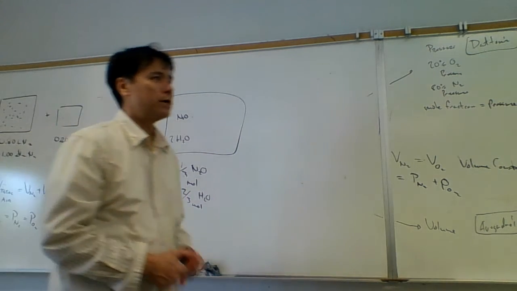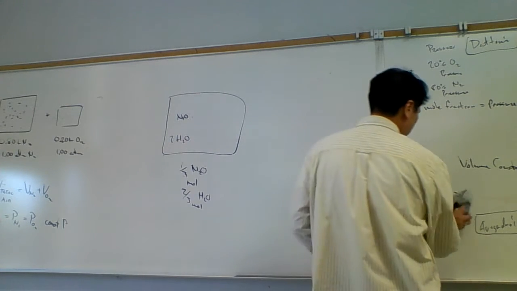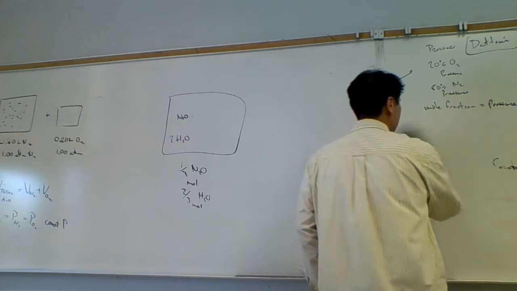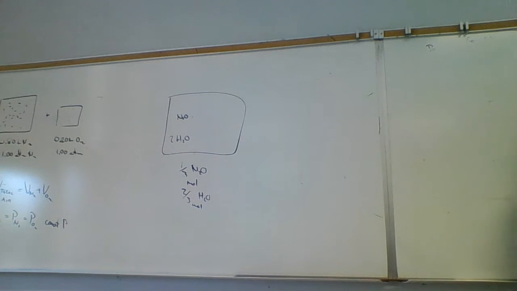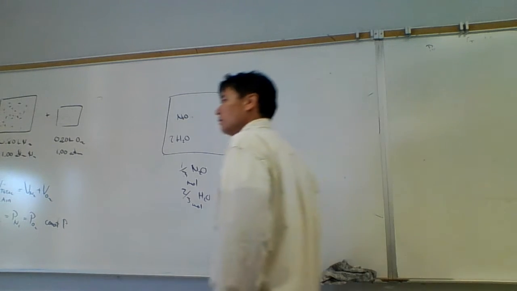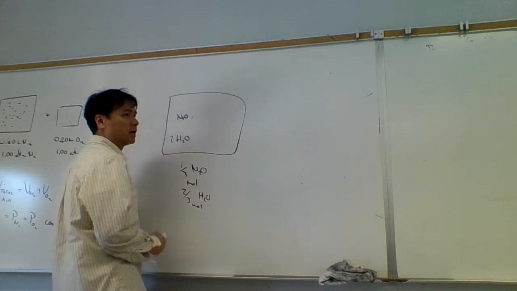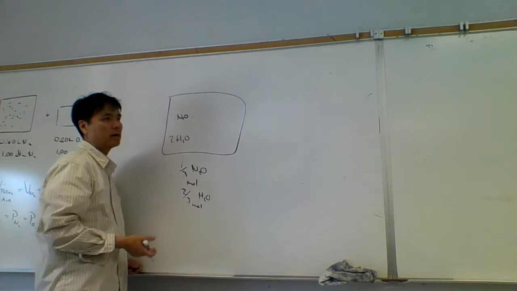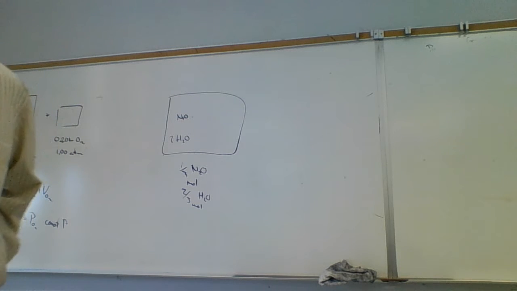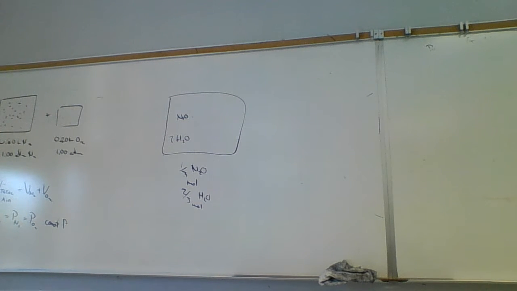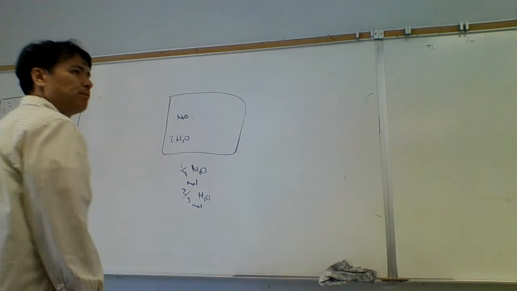So that gives me a choice. I could either visualize this as a Dalton's or as an Avogadro's. Which one do you want to do? Well, actually we could do both for practice. This is more practice for Chem 1A, and this Chem 4 focuses on Dalton's. Maybe we should just visualize it as a Dalton's mixture.